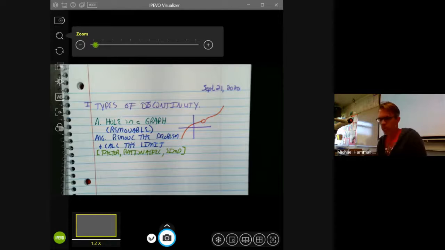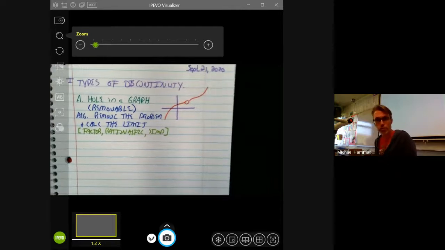Okay, now we also need to look at this thing from the perspective of a limit. If you remember, the limit has three parts to its definition. So what I'd like to do is take a look at those three parts and talk about what it looks like and how you know, given that information, that it is a hole in the graph.